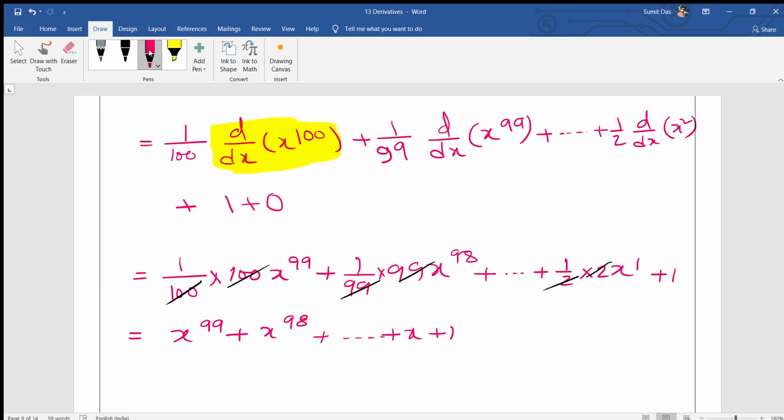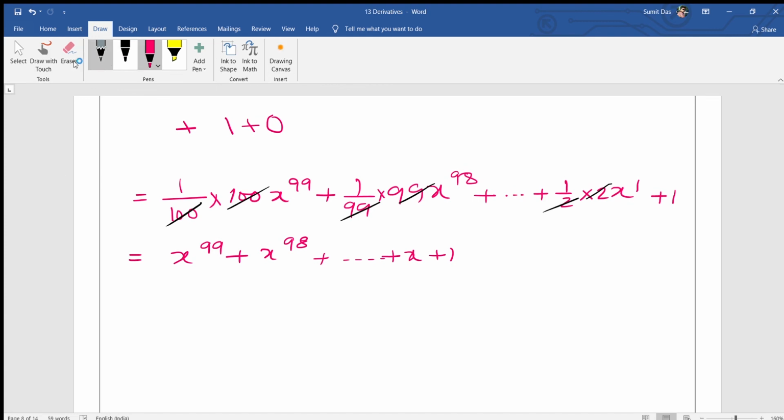So what am I getting? f dash x equals, I'm getting this. Let me know.